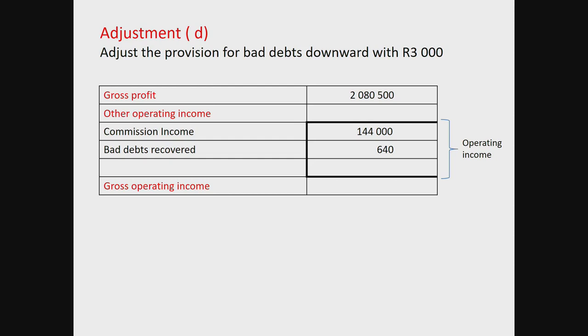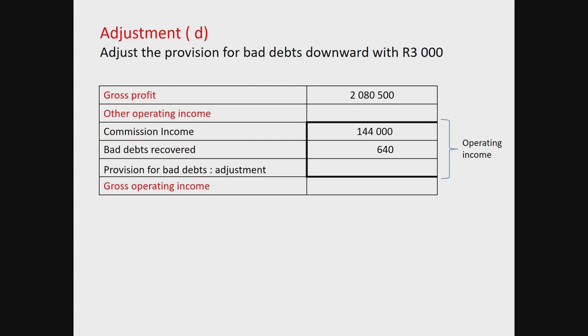Now, provision for bad debts is the balance sheet item. We're looking for the nominal account item, the item that will go to your income statement. So the nominal account item that we're talking about will be provision for bad debts adjustment. That will be in your item column.